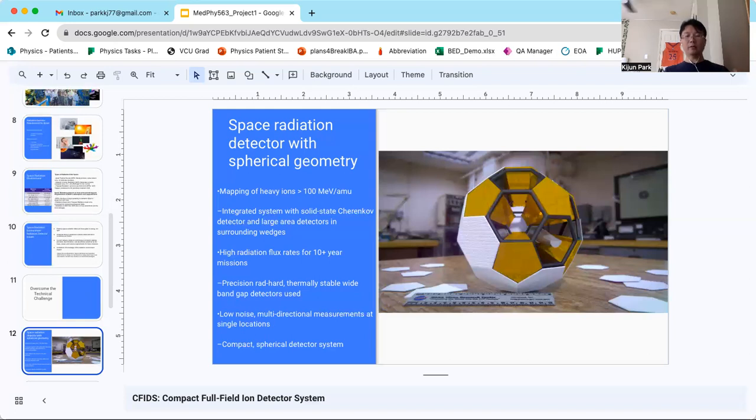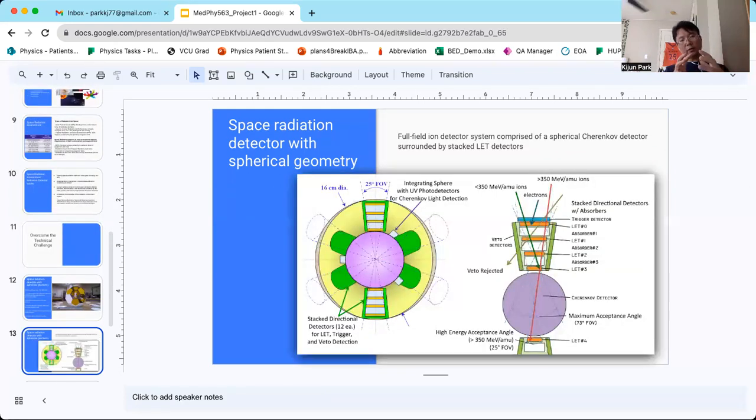As I mentioned, the multi-dimensional measurement uses a spherical shape that allows catching particles from all directions, and it also has a compact size.